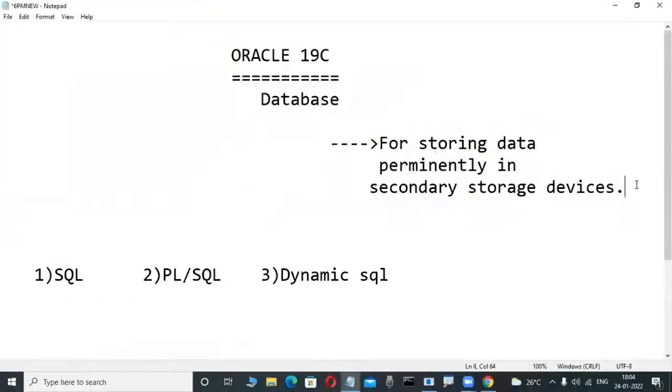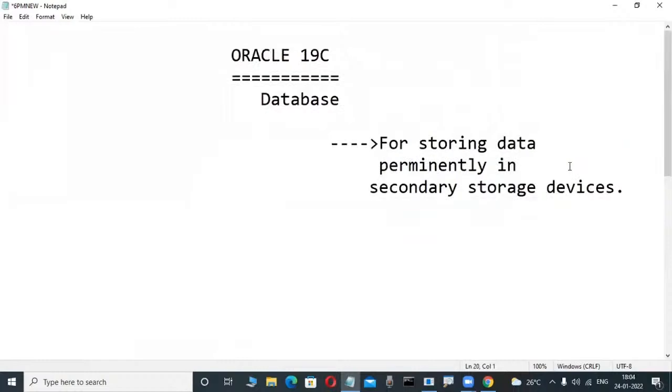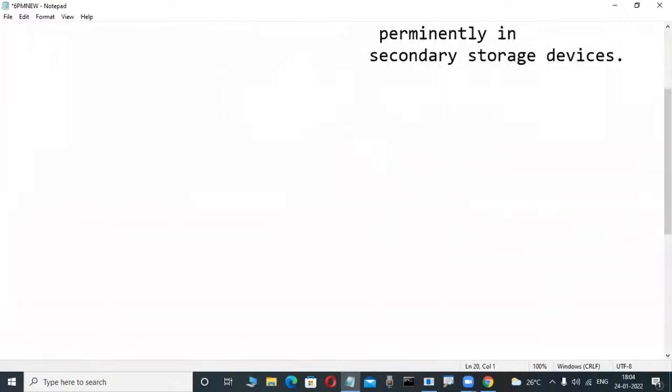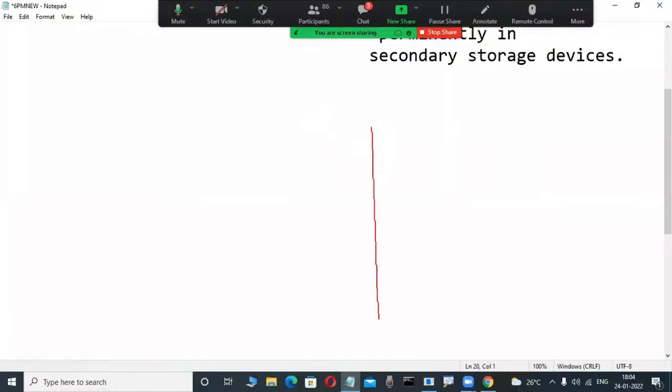But unfortunately, as I'm telling in previous classes, observe slowly here, a database means it is a place. Whenever we are installing Oracle, SQL Server, DB2, these types of databases in our system, automatically one place is created.